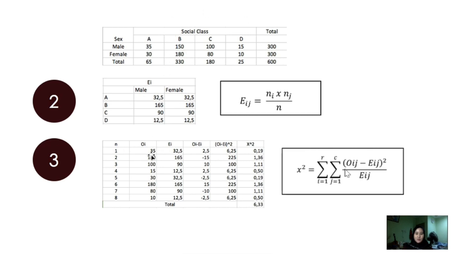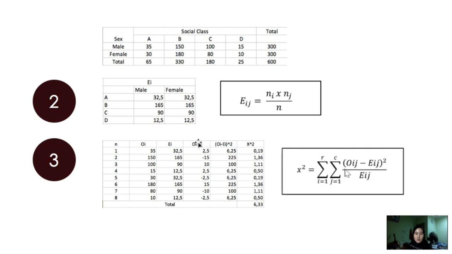Jadi 35, 150, 100, dan 15 didapatkan dari data ini, dari data si male. Sedangkan 30, 180, 80, dan 10 didapatkan dari data yang ini. Lalu EI itu didapatkan dari data yang ini. Karena saya menulis male duluan, maka ditulislah yang bagian male dulu, lalu baru bagian female-nya.